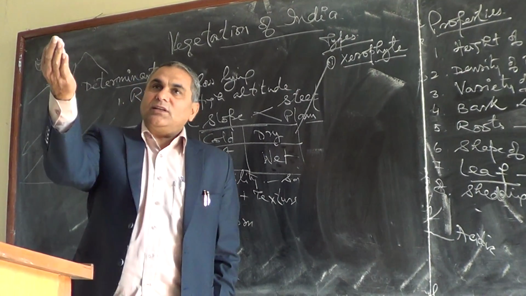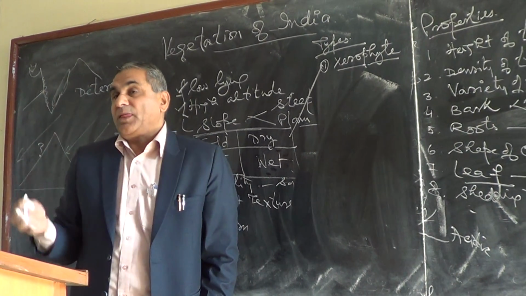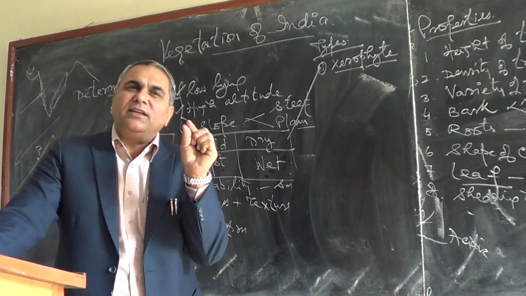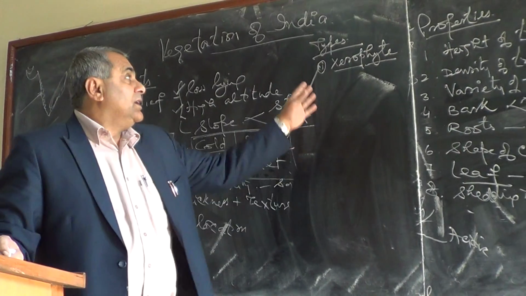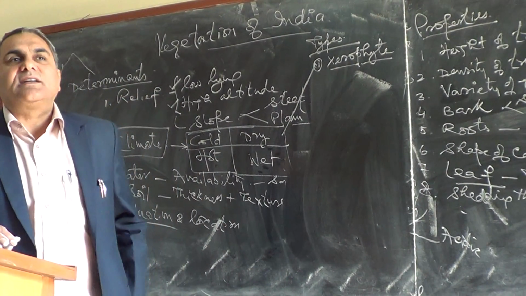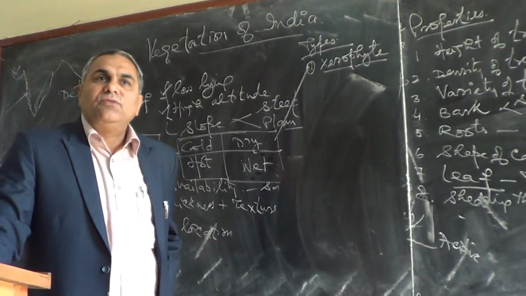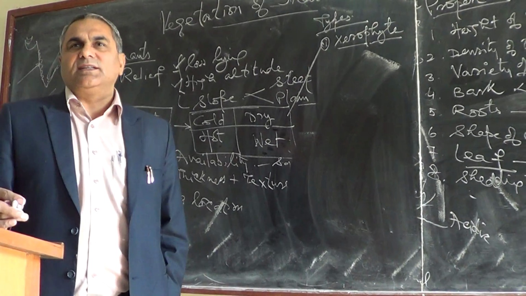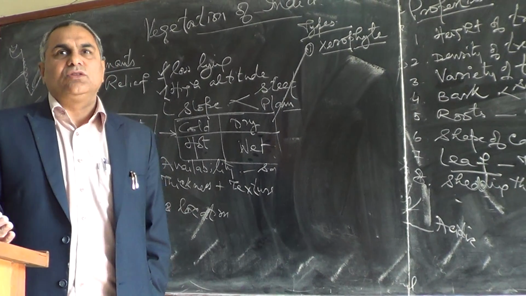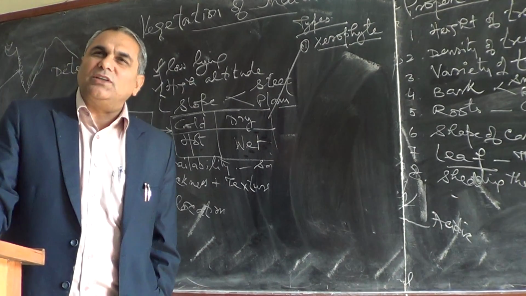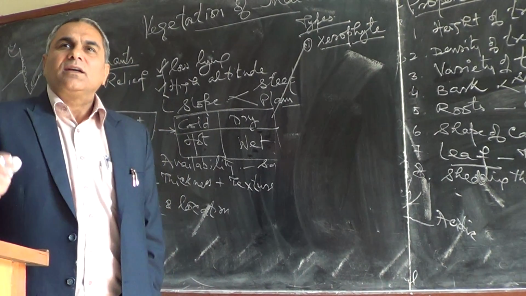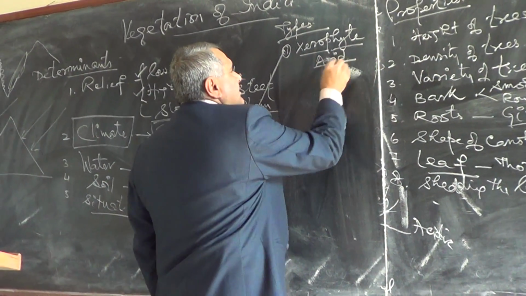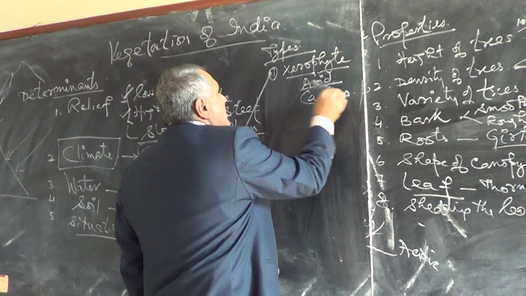Evaporation exceeds precipitation, with a small rainy season and a long dry season. In desert and arid conditions, we find leafless vegetation, thorny vegetation, vegetation with stunted growth, not very tall trees, only bushes, shrubs and thorny vegetation. Cactus is there, in the desert, in the arid region. The desert cactus kind of vegetation is called xerophyte.